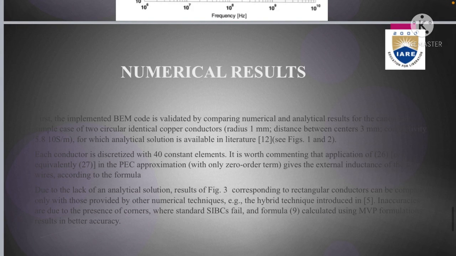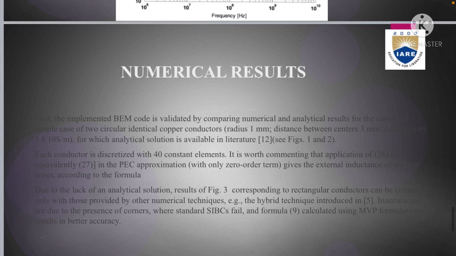Numerical results. First, the implemented BEM code is validated by comparing numerical and analytical results for the canonical simple case of two circular identical copper conductors, radius 1 mm, distance between centers 3 mm, conductivity 5.8 × 10^7 siemens per meter, for which an analytical solution is available in the literature, reference 12, figures 1 and 2.